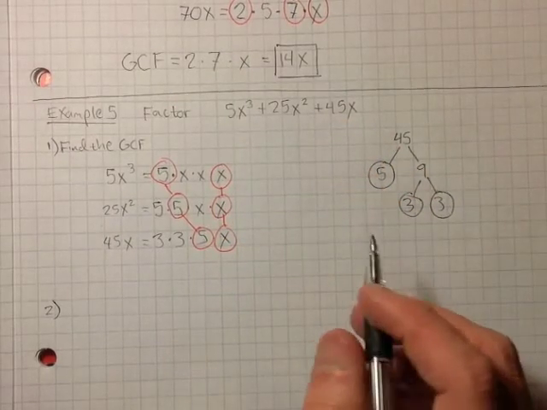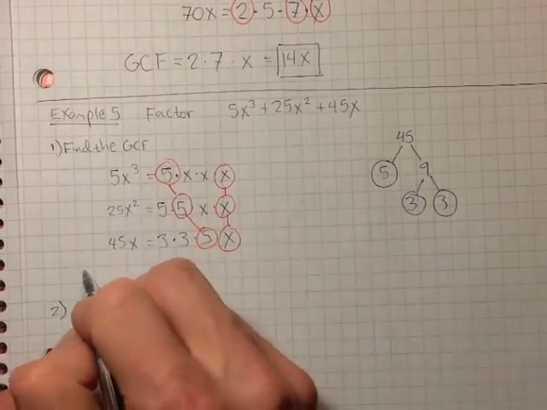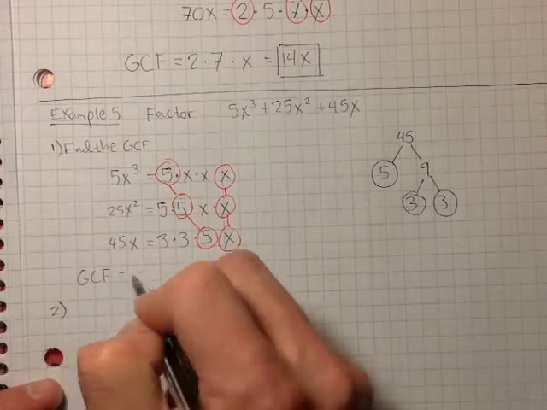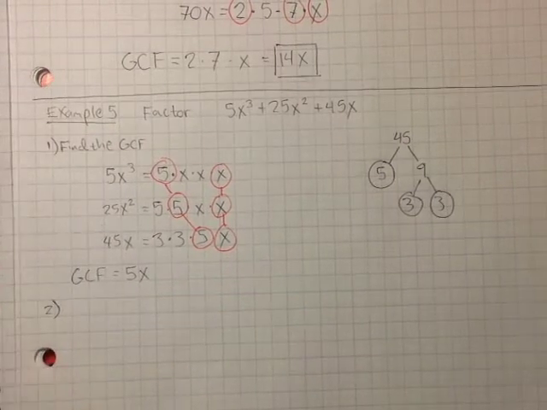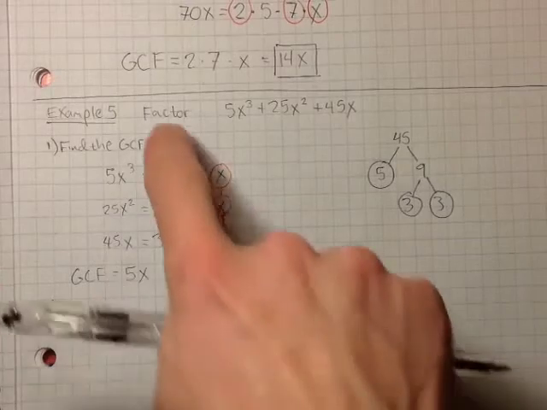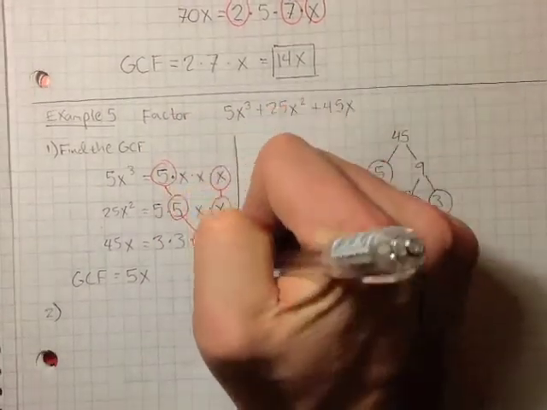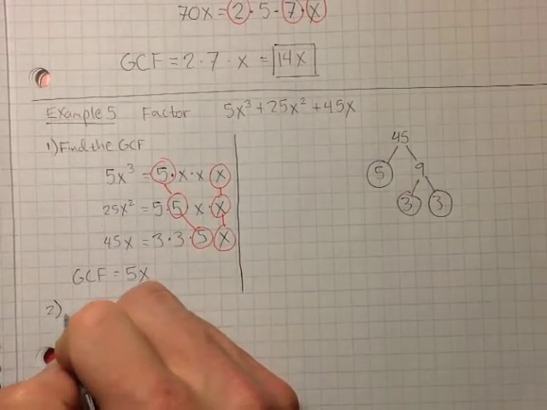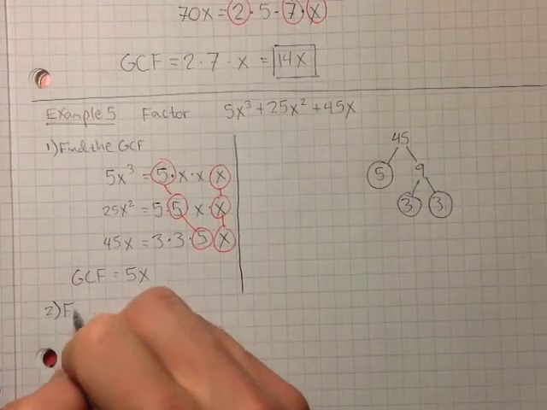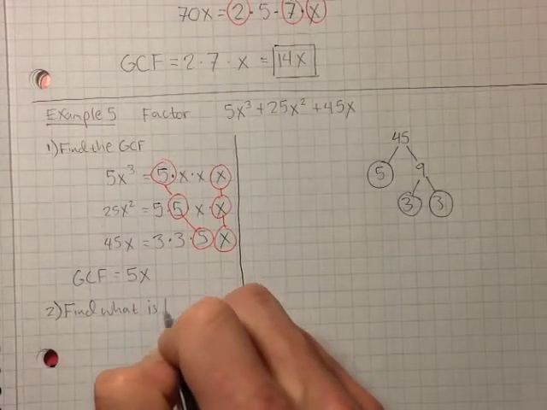So the greatest common factor of those three terms is 5x. Now, this is just the first step of this problem. The next step is to find what is left over.